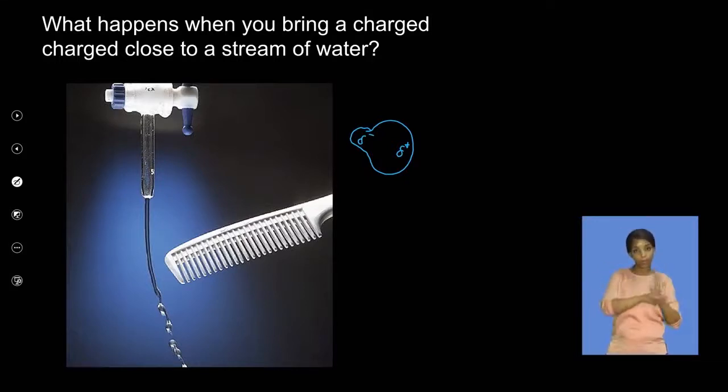So when you bring a charged comb, let's say this comb is positively charged, what will happen? The negative side of the water will actually be attracted to the comb. This is one classic example of how charges interact with each other. It still goes back again to say that like charges repel and opposite charges attract, right?